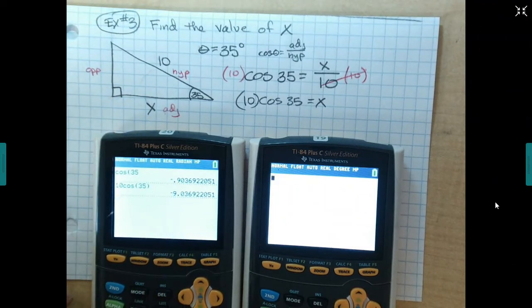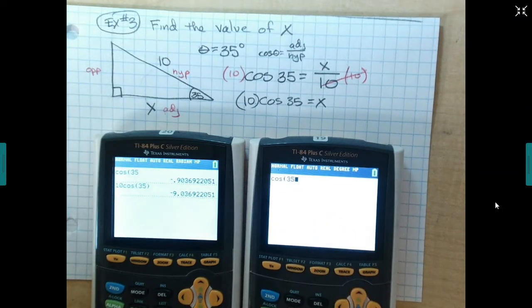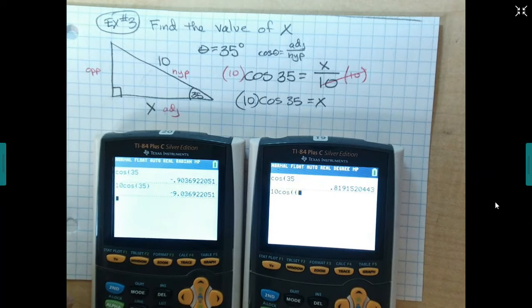So if you're coming up with a negative number, we need to reset something in here, because cosine of 35 is actually a positive number. And if I plug in 10 times cosine 35, I get 8.19, so 8.2.